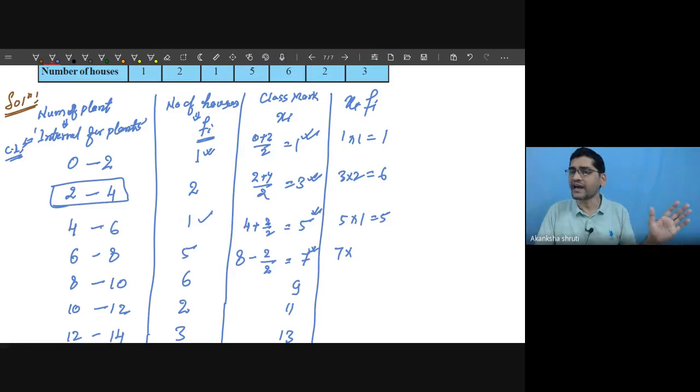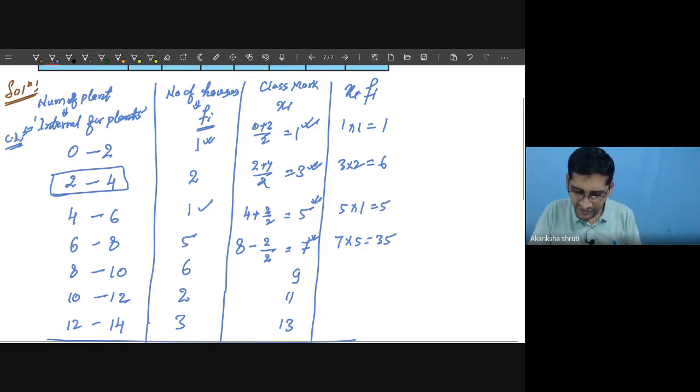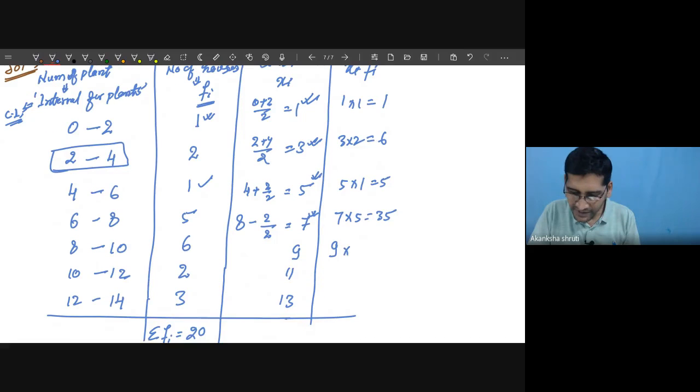So forget the class, deal with the class mark. So 7 multiplied by 5 is 35. Go for this 9 multiplied by 6, 54. Go for 11 multiplied by 2, it is 22.